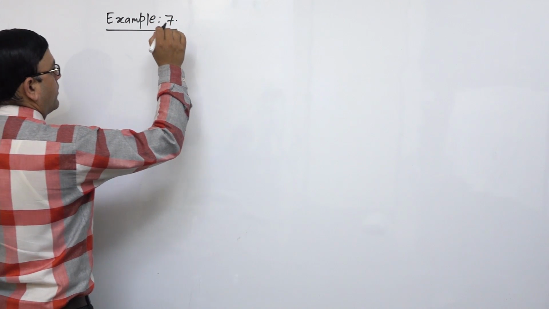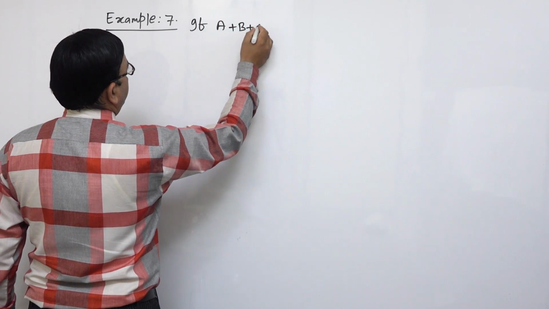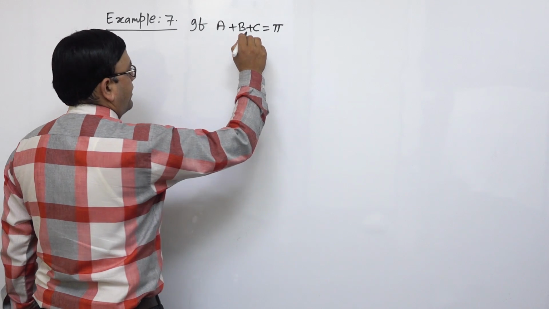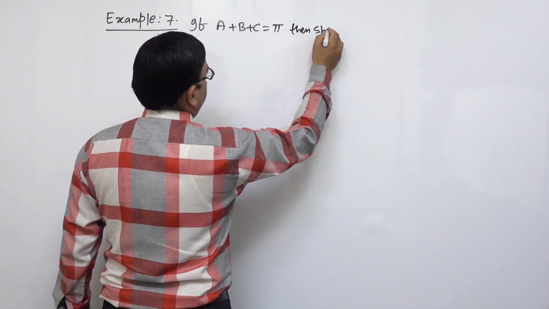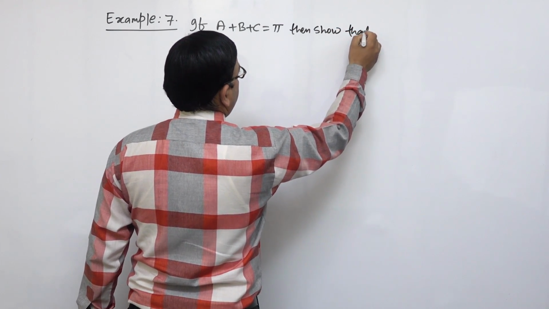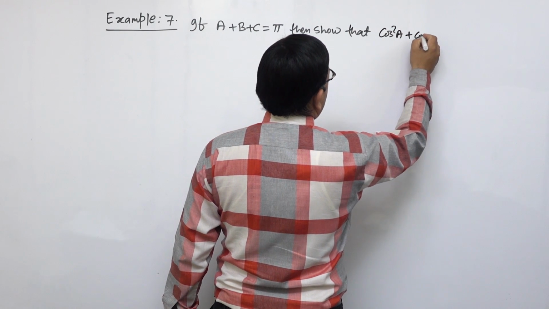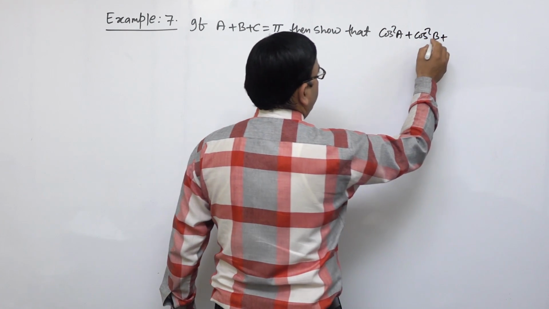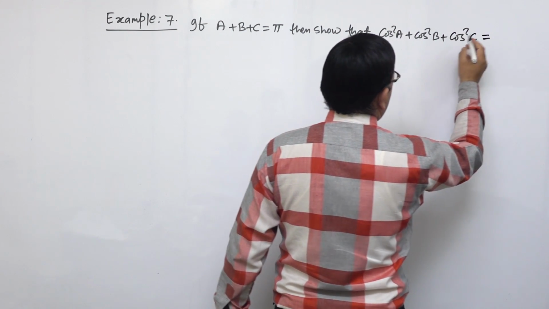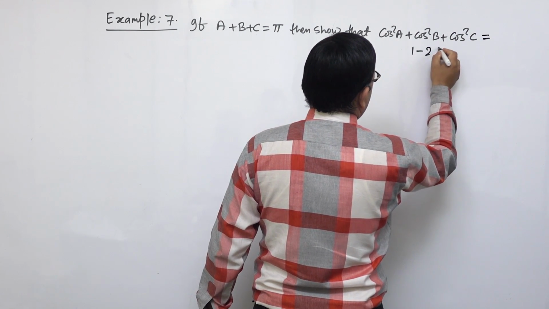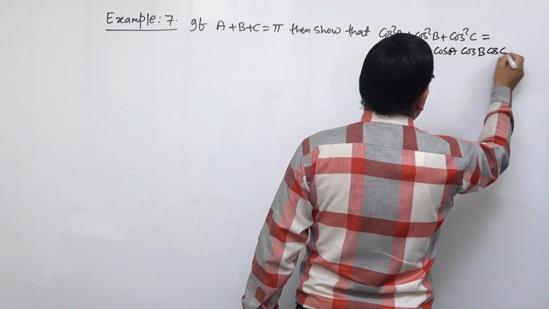We have here, if a plus b plus c is equal to pi, then prove that cos square a plus cos square b plus cos square c is equal to 1 minus 2 cos a cos b cos c.